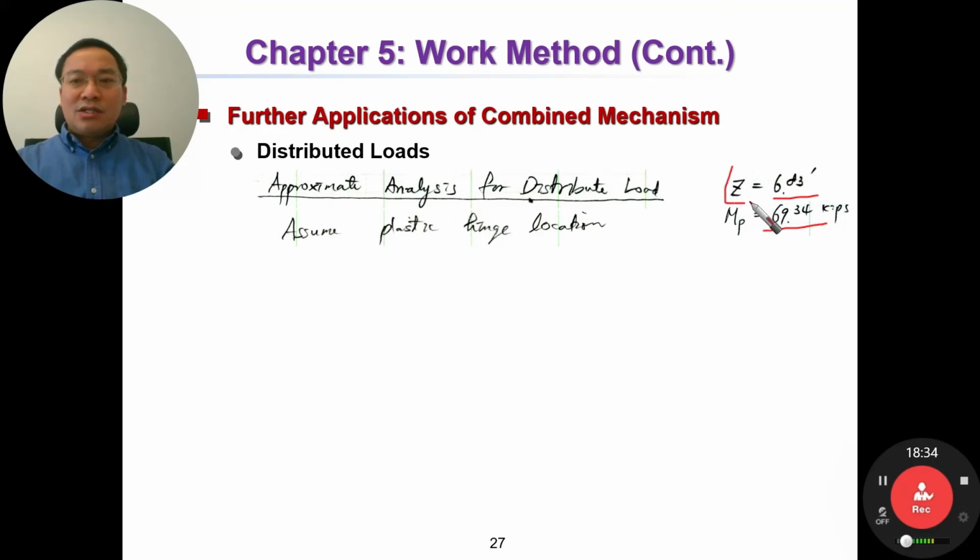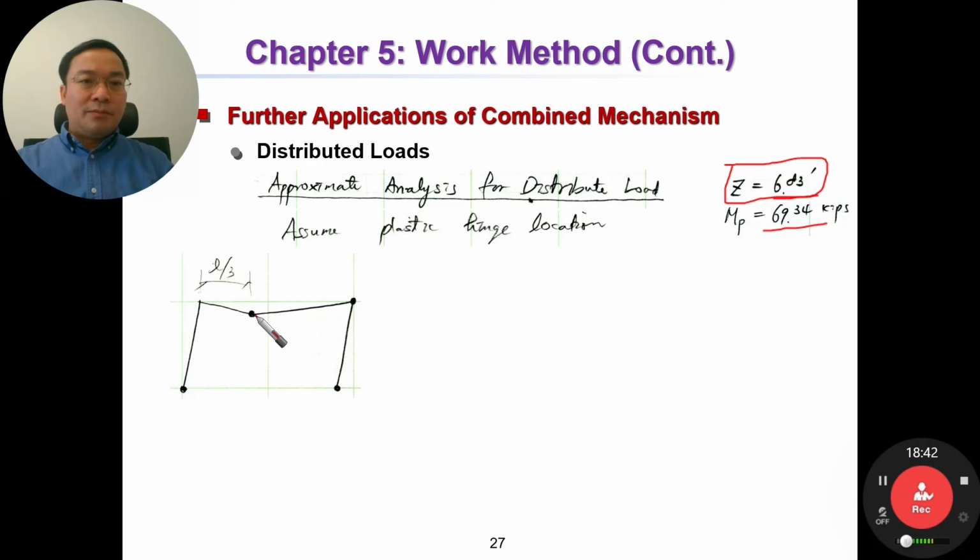This is the exact solution, the exact location of the hinge, but we can assume the plastic hinge at 1/3 of the beam here. So let's say z equal to 20 divided by 3, equal to nearly 6.667.